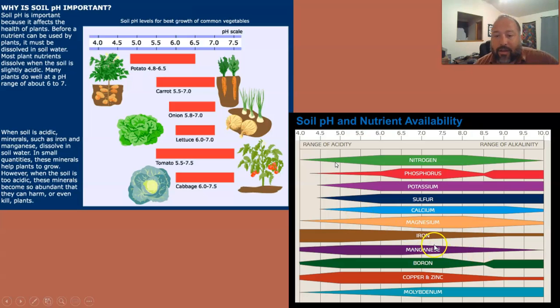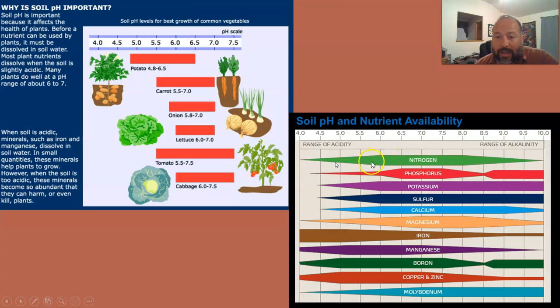On the bottom right here, we've got soil pH and nutrient availability. If you look at our pH scale, where the band is widest, that's where the nutrients are readily available, and where it thins out, they're not readily available.